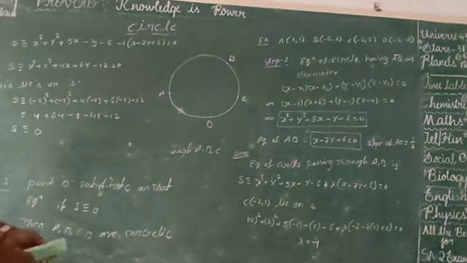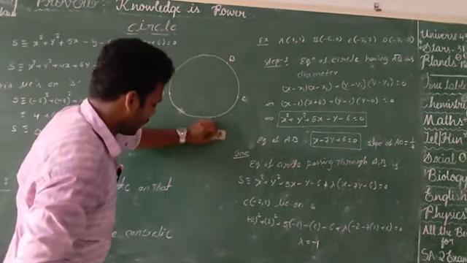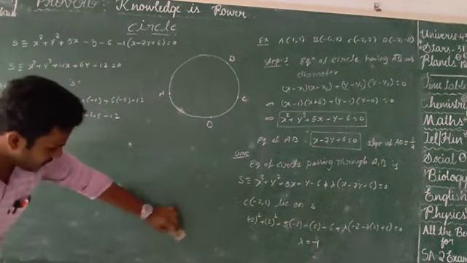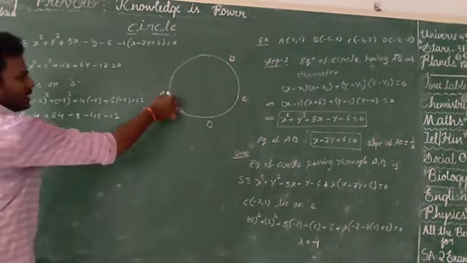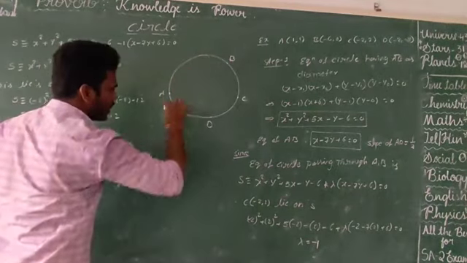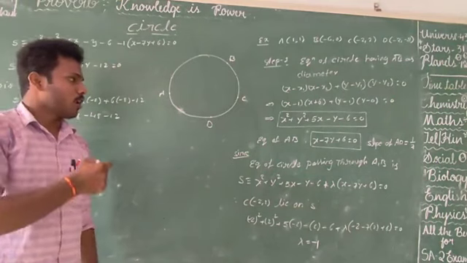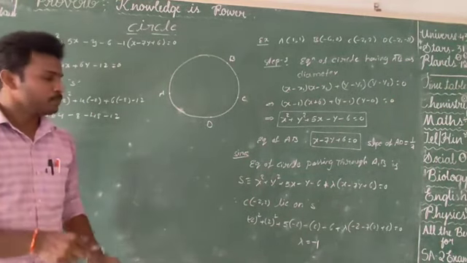One more way of representing this. An alternate method is also there. What does the alternate method mean? If you take any 3 points out of these 4, you can consider any 3 points. Those are non-collinear points.